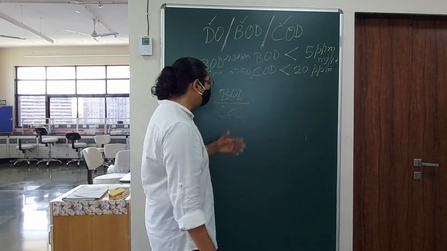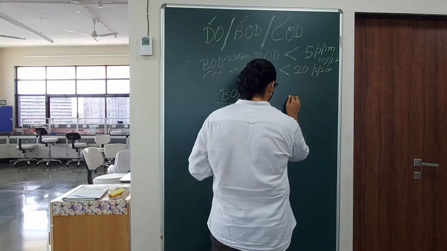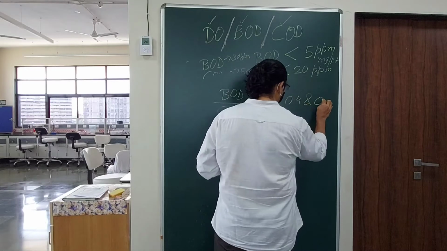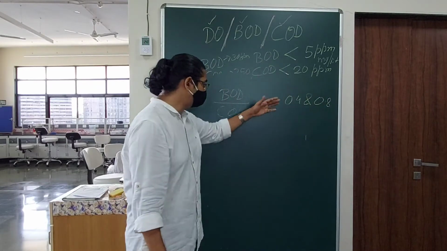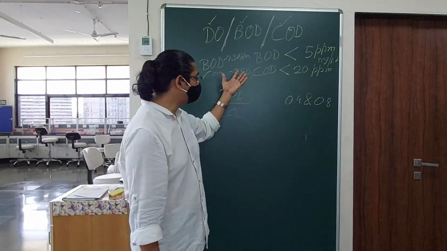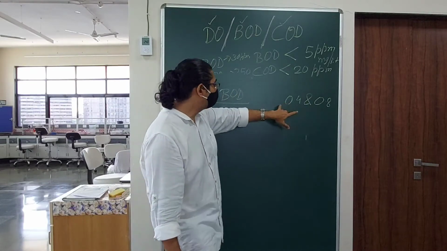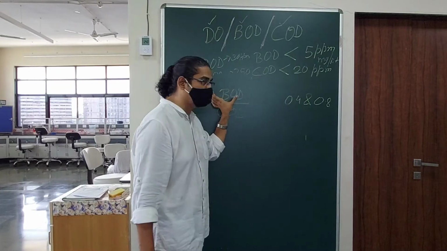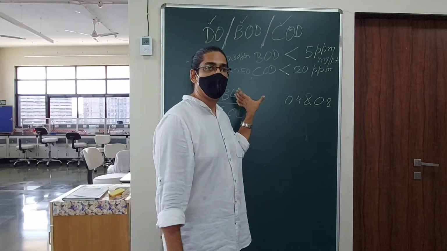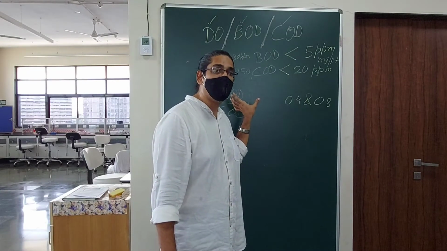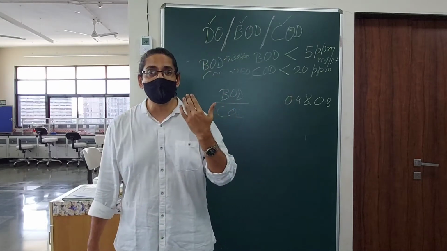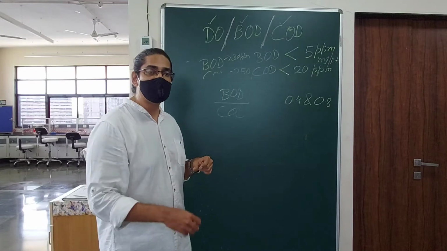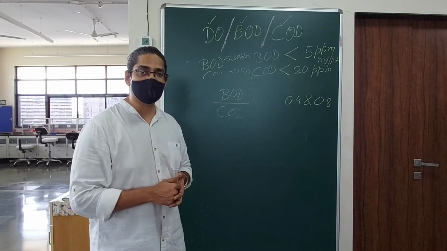As you know, COD is always going to be higher than BOD. If this ratio lies somewhere between 0.4 and 0.8, that means my BOD value is relatively high. What does it indicate? It indicates that you are able to treat that water using some bacterial treatment.